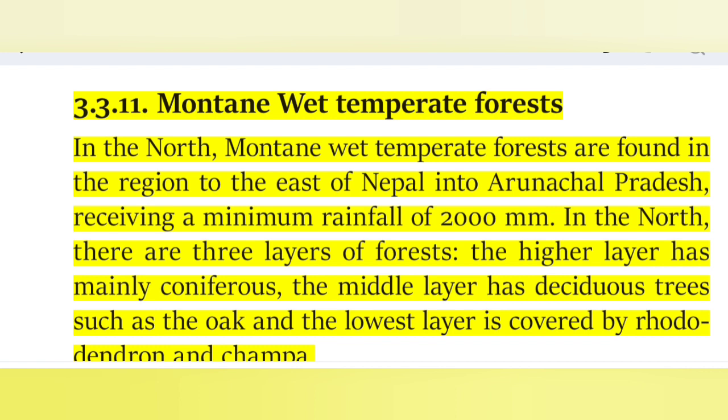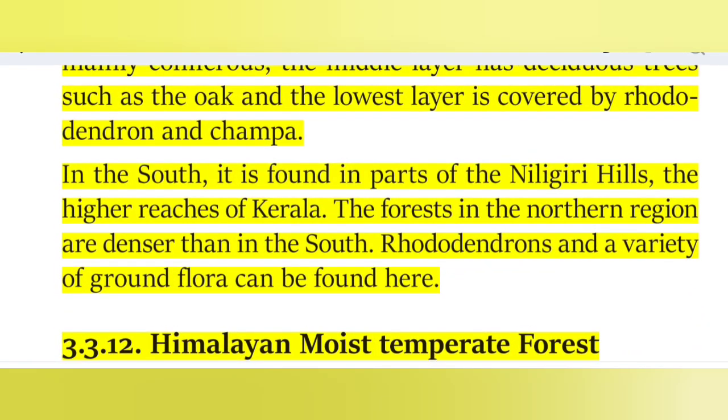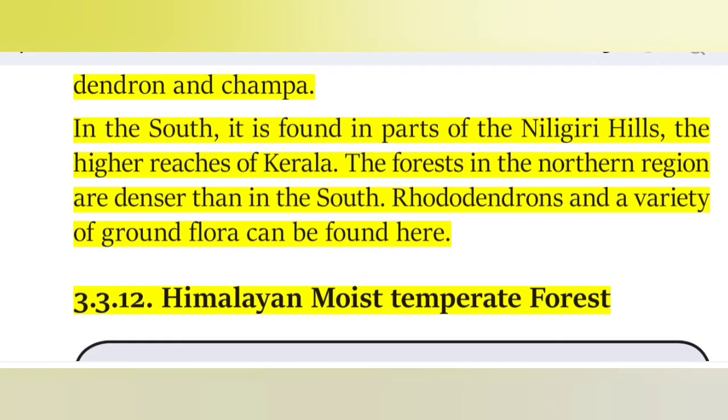The higher layer has mainly coniferous, middle layer has deciduous forest such as oak and lower layer covered with rhododendron and champa. In the south, it is found in parts of Nilgiri hills, the higher reaches of Kerala. The forests in the northern region are denser than in the south. Rhododendron and a variety of ground flora can be found here.